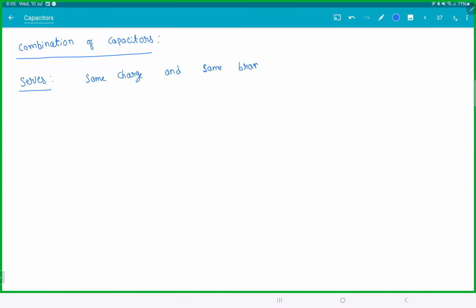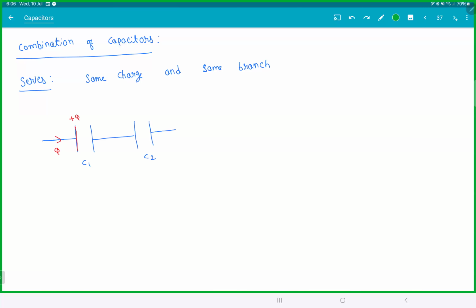Now, before directly jumping into the formula, we need to understand something. Listen carefully here. When you say there are two capacitor plates, C1 and C2, and a charge Q is flowing to the plate, this will be plus Q here. Now this charge in reality never goes from here to here because there is an empty space between them.